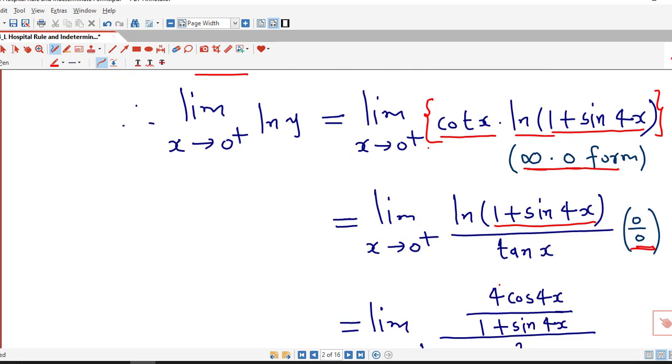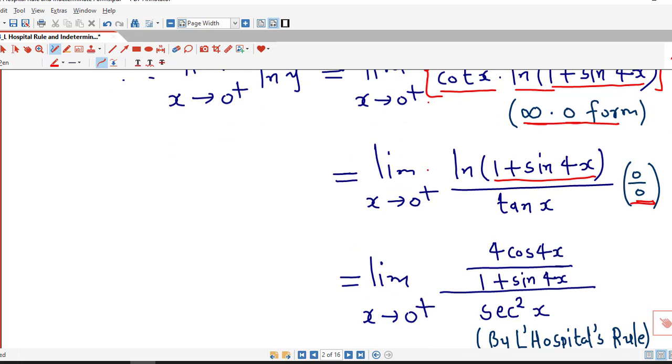If we apply L'Hospital rule, we have to take derivatives of the numerator and denominator separately. First we write the derivative of log of 1 plus sin 4x, which is 1 over 1 plus sin 4x into the derivative of 1 plus sin 4x, which is 0 plus cos 4x into 4.